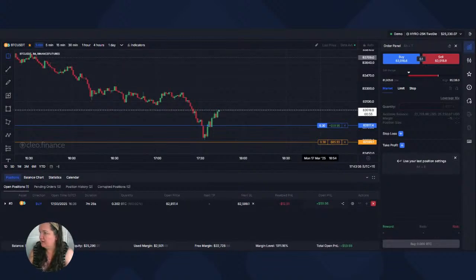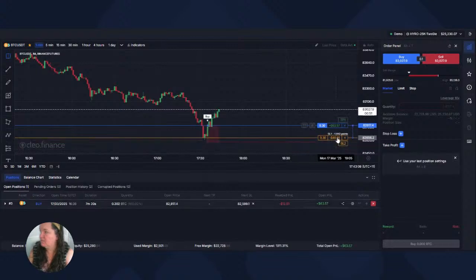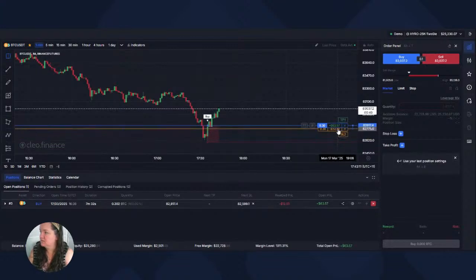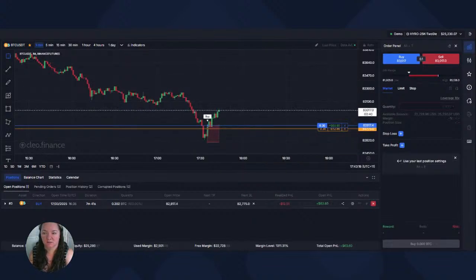Looking very nice. I might even just move this up, because we're looking like we're going to push, which is perfect.